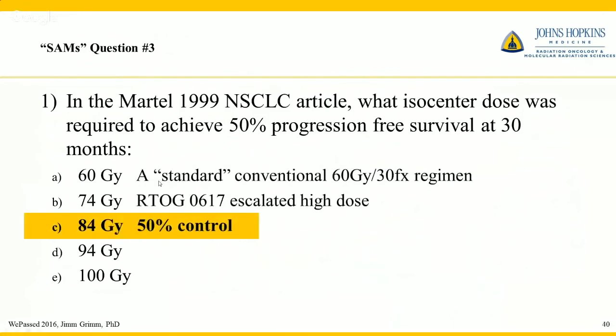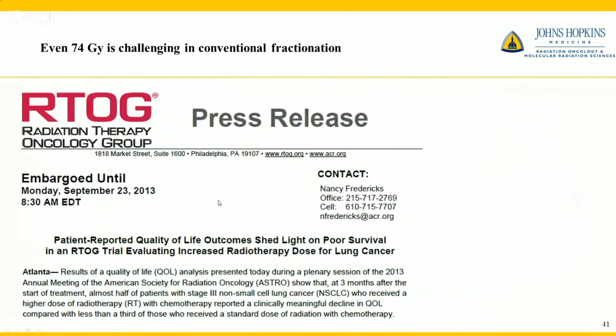Okay, so the correct answer is 84 gray, which is a very high dose for conventional fractionation. For lung cancer, typically 60 gray in 30 fractions is commonly used. RTOG 0617 had a high dose arm with 74 gray, and that's actually quite challenging. That arm of the protocol was actually canceled due to quality of life, and the tumor control was not sufficiently better either.